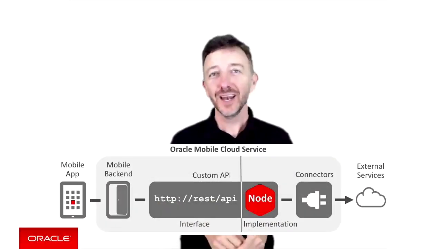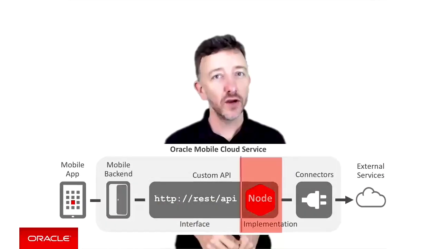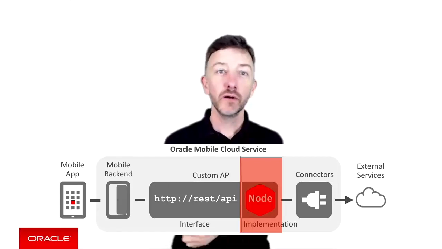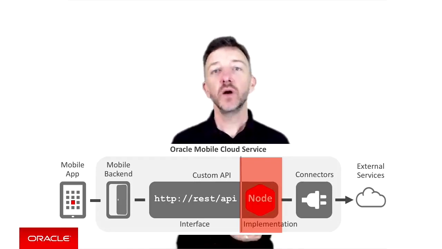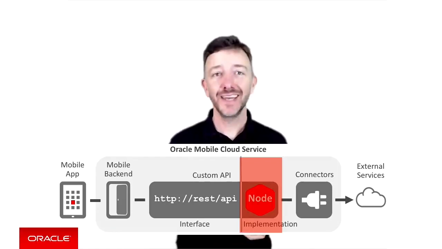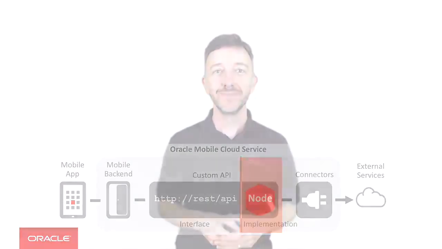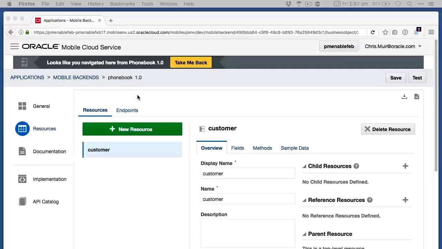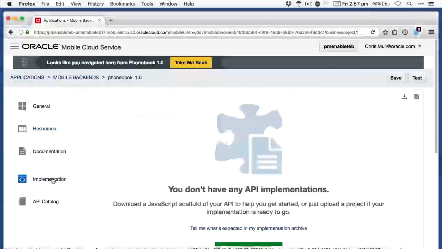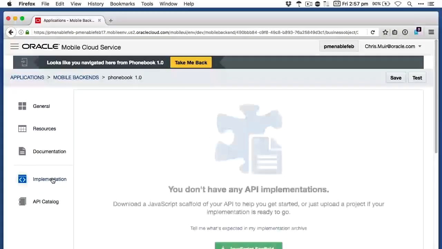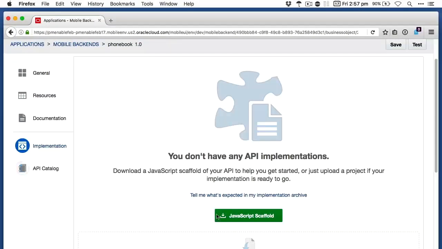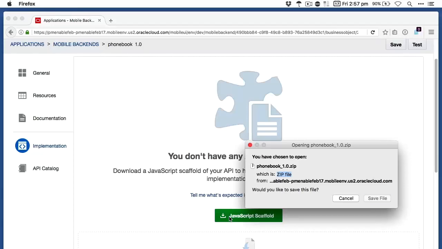Right, so the last thing we need to do is write the Node.js code for the REST API, which upon a request from the mobile app will fetch the remote customer phonebook data via the connector that we just created. To do this, we return to our API and select the implementation option. From there, we click on the JavaScript scaffold button, which downloads the scaffold of the Node.js code we need to fill in.